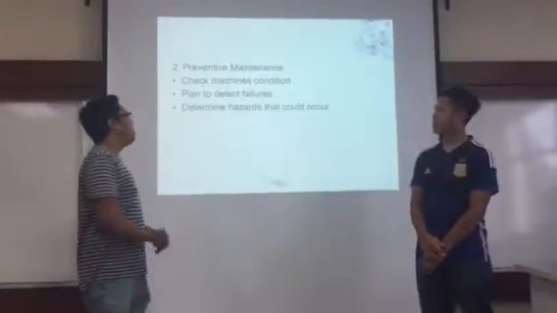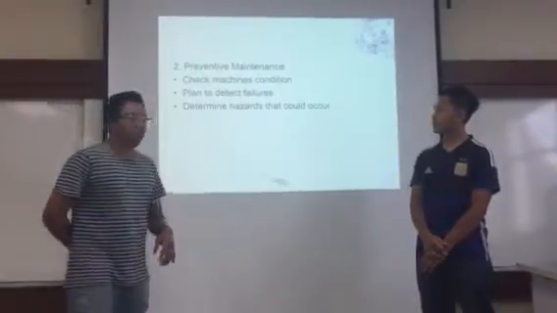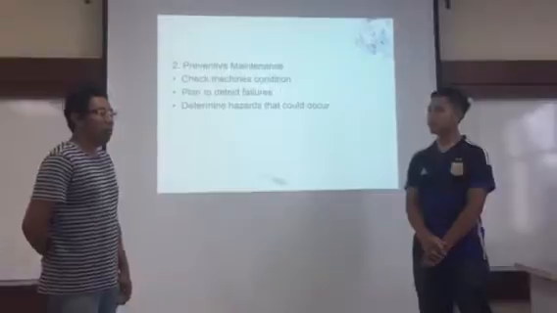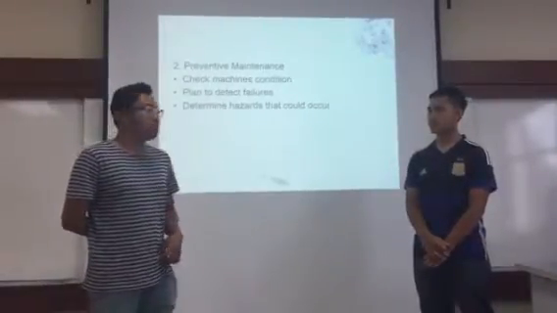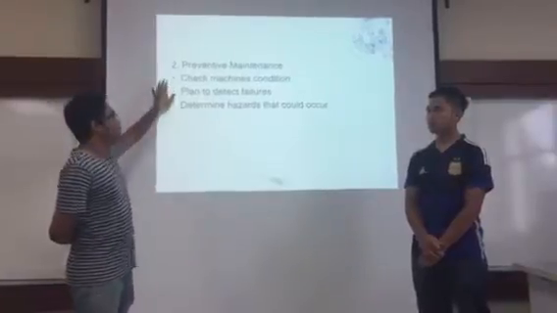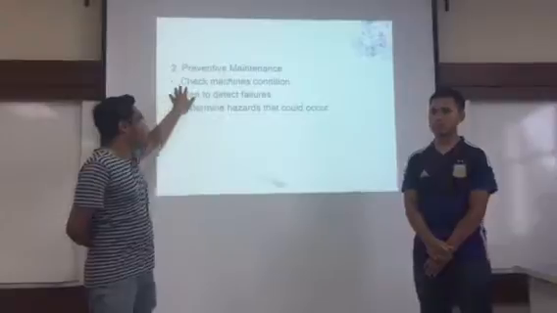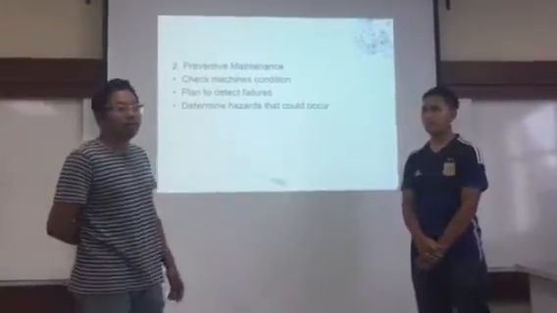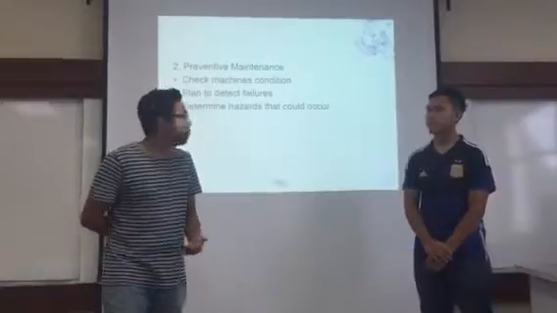The second one is preventive maintenance. For the engineering field that has a few pieces of equipment, normally they will do a maintenance condition check where they can check the machine's condition, whether it's usable or needs servicing.